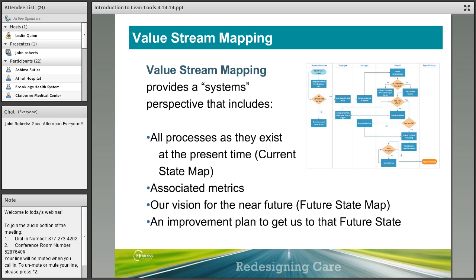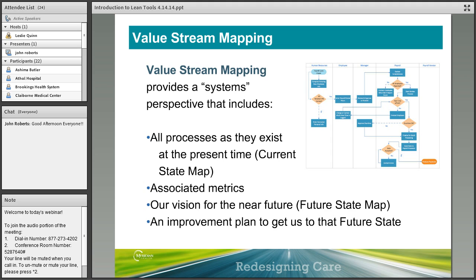Again, we want to begin to look at a systems perspective of the value stream, regardless of what department it might fall into. Sometimes we use what's called a swim lane value stream map, which shows, again, which departments handle which parts of the process or the value stream in that particular process.